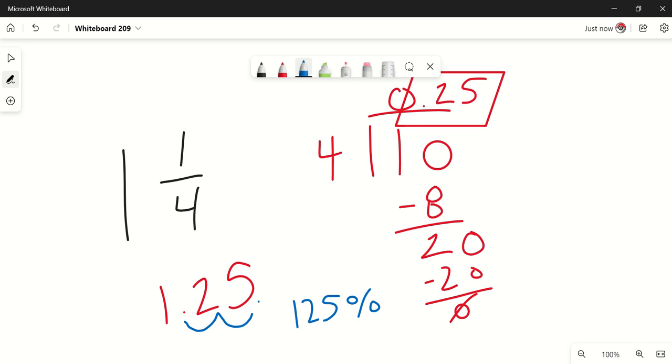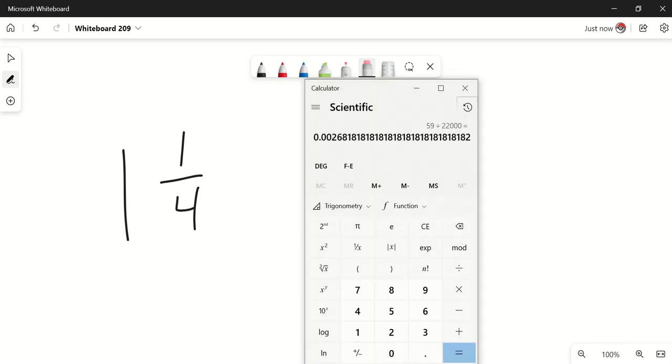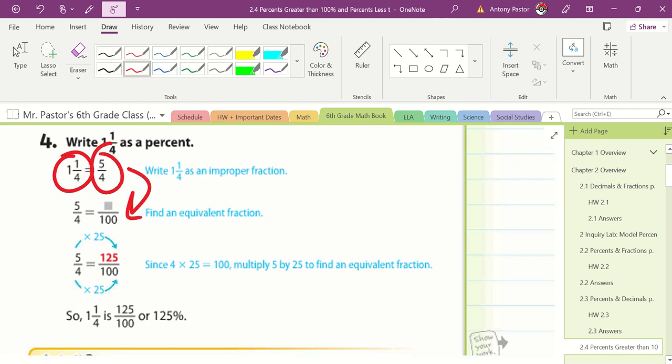So let's recap that a little slower. You can do what the book wants us to do, which is turn your mixed number into an improper fraction, then turn that improper fraction into a fraction with the denominator being 100, which won't always work. Just letting you know.